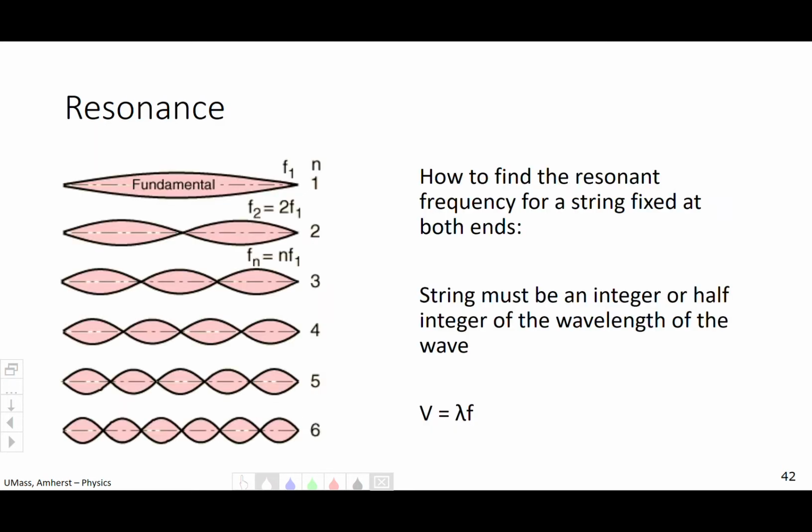So resonance. Resonance is a phenomenon that occurs, it's standing waves. So you can get multiple standing waves within the same size of container, let's say. So, we have two walls here. So the fundamental is essentially the simplest wave that can exist in a particular container.